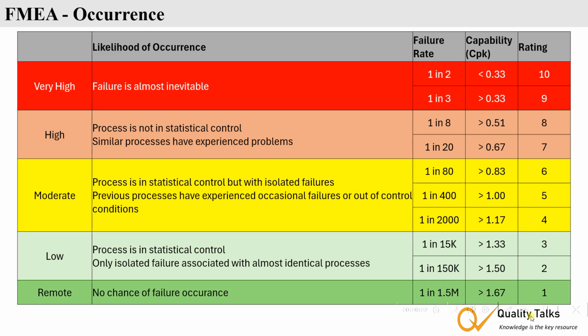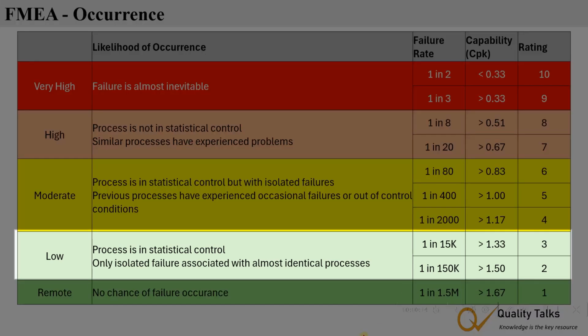Now, let's discuss occurrence rating 3 and 2. Occurrence rating 3: the failure rate is 1 in 15,000. Process capability is more than 1.33 and below 1.50. Occurrence rating 2: the failure rate is 1 in 150k and process capability is more than 1.50 and less than 1.67.